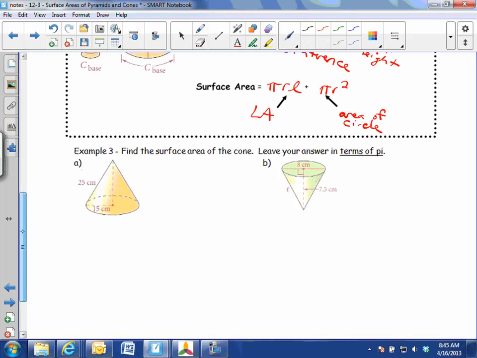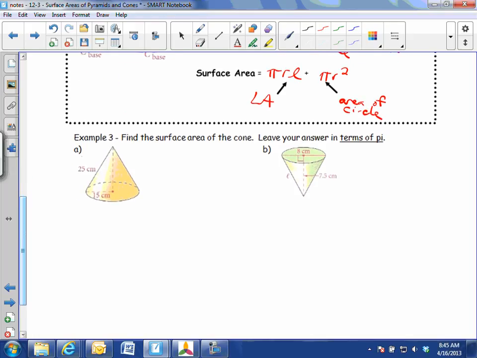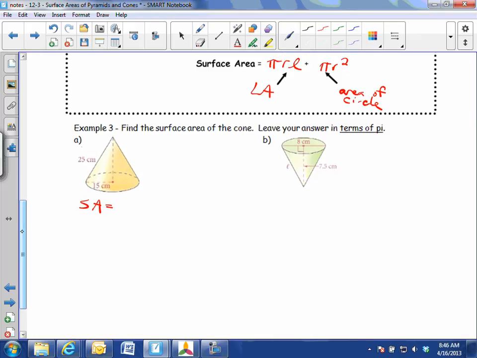And for our last couple examples, find the surface area of the cone, leaving your answer in terms of pi. This is another one of those formulas that you're probably going to want to have memorized, just FYI. So we've got pi times r times l plus pi r squared.